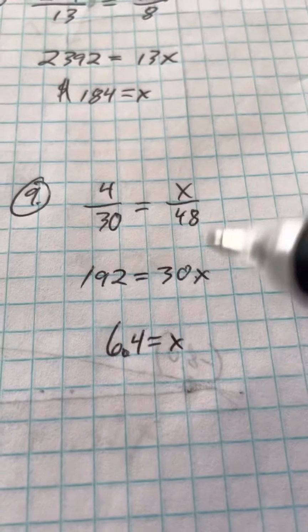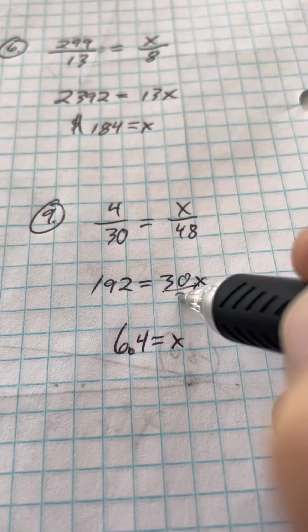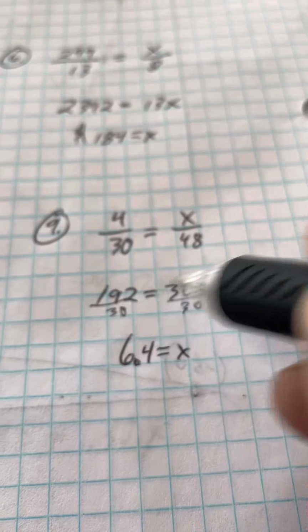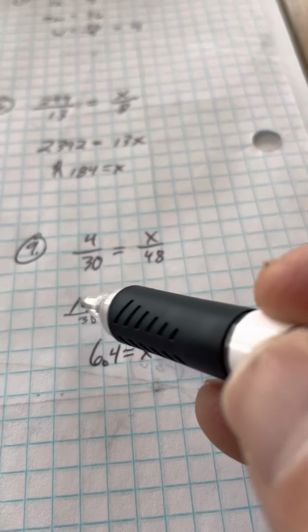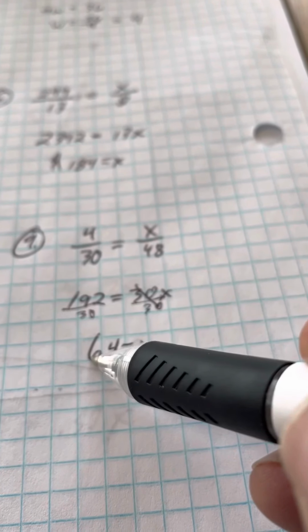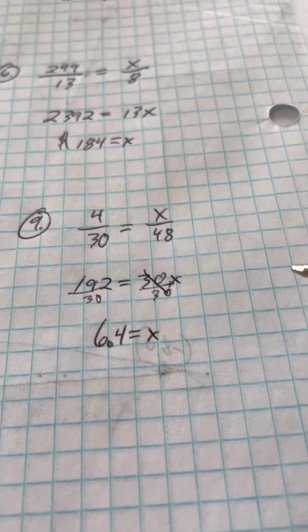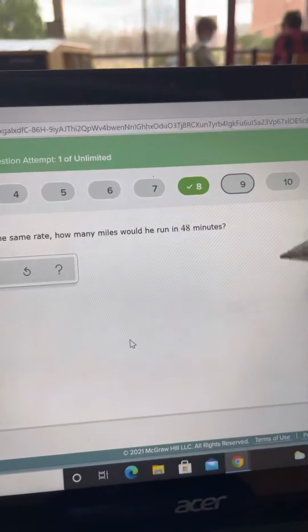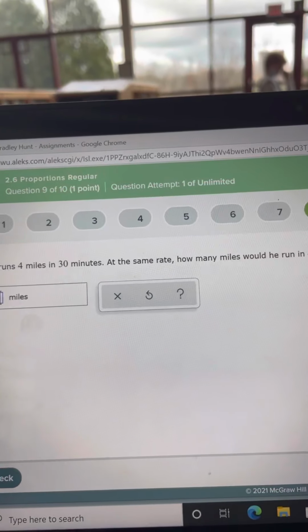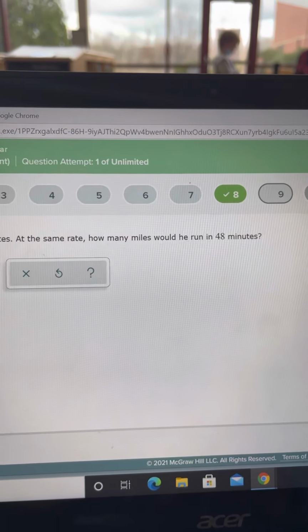So I divide both sides by 30. These cancel out. 192 divided by 30 is 6.4. And that should work, even though it didn't tell you to round or anything. It's kind of the same as number 8, I imagine.